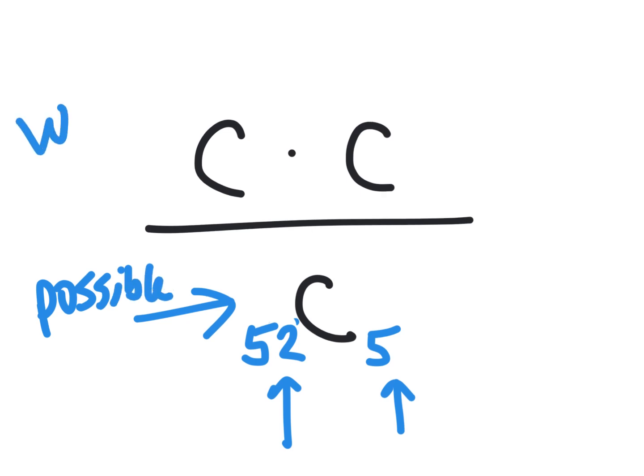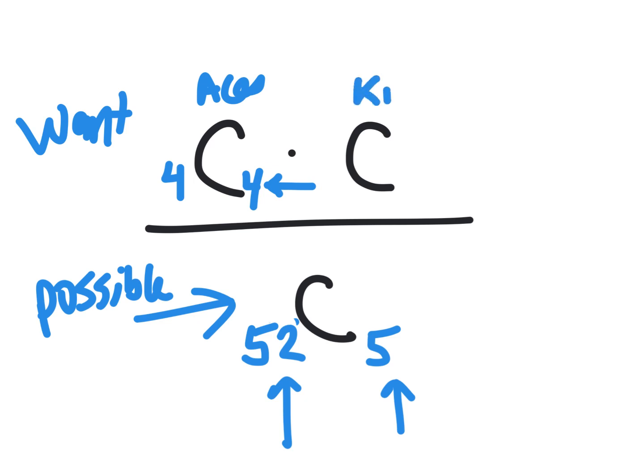And what I want is 4 aces, and how many of those am I going to take? All 4. 4 choose 4. And then out of the kings, how many kings are there that you could pick? 4. And I said you're going to get how many? 1.